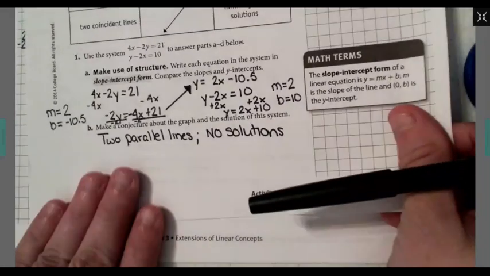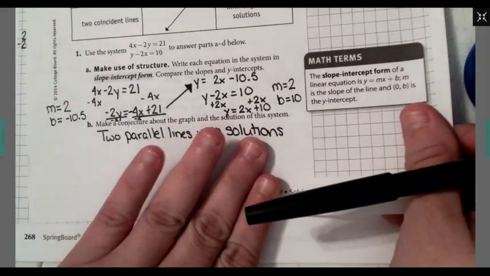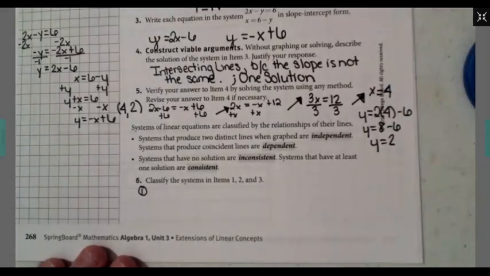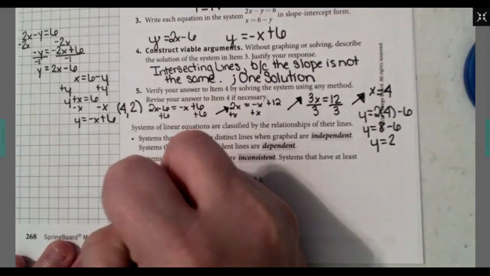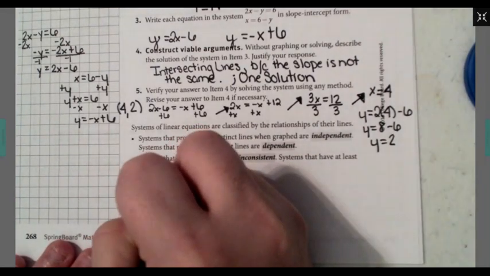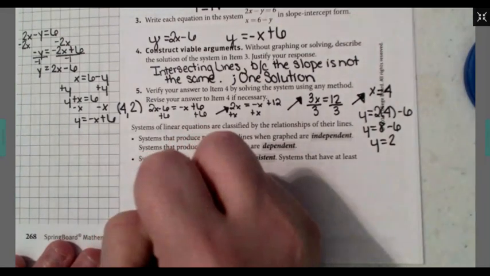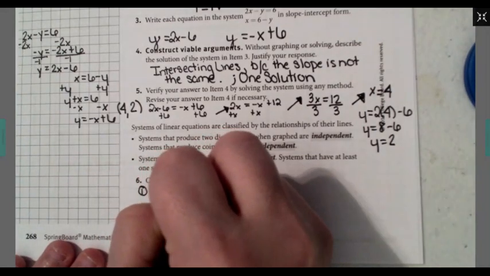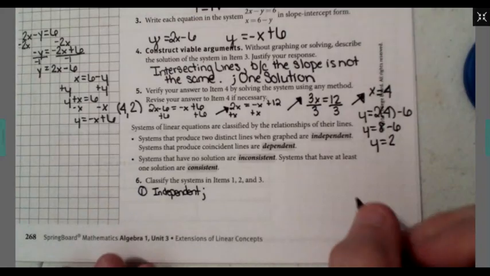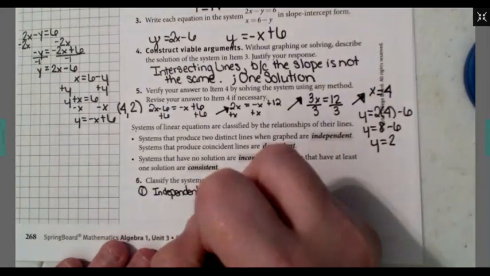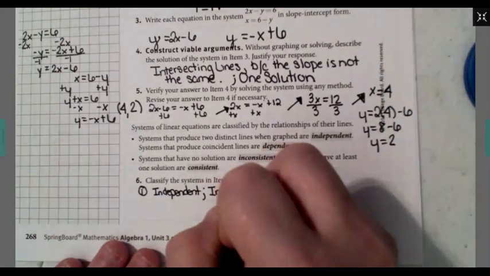I had parallel lines, no solutions. So parallel lines means I had 2 separate lines, so that's independent. I had no solutions though, so that makes it inconsistent.